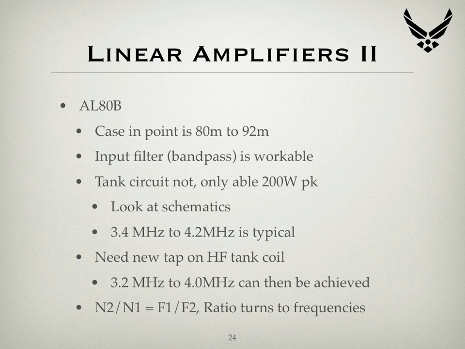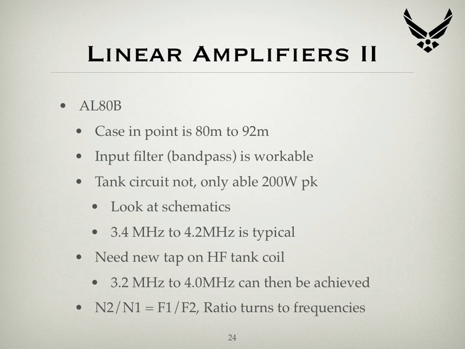Now in this particular case, the input filter, which is a bandpass input filter, was quite workable. It could be tuned across to be reasonably acceptable for getting a good impedance match for the input side of the circuit. However, the tank circuit was not acceptable.